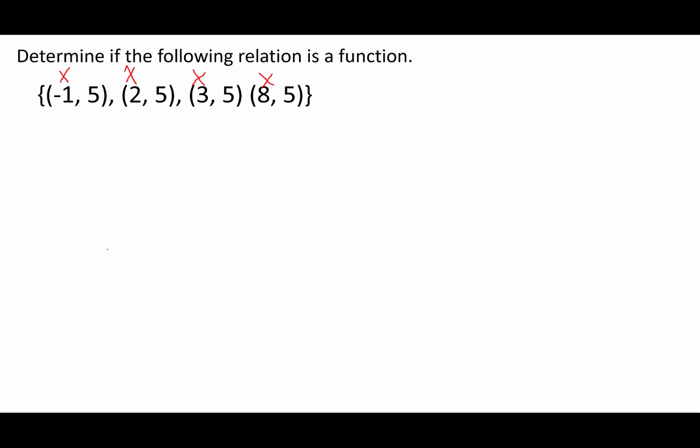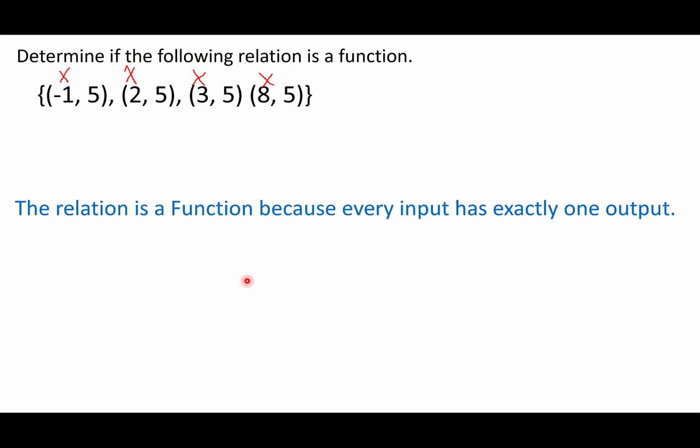Okay, so I've got -1, 2, 3, and 8. Okay, so my x values do not repeat. So therefore, this relation is a function because every input has exactly one output. It does not matter that my y value for each one is a 5. Because none of my x values repeat, this is a function.